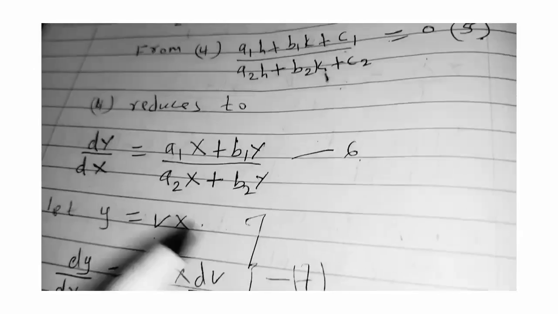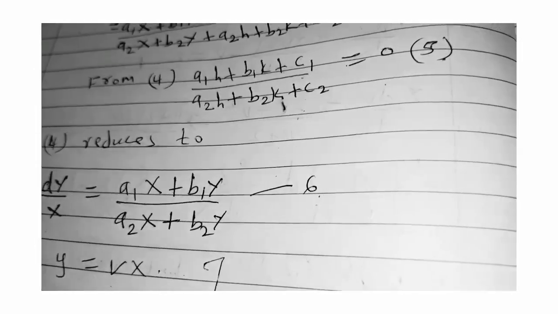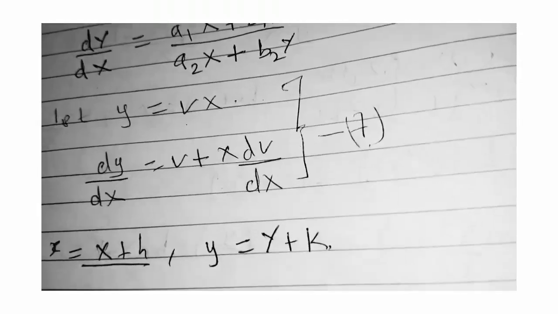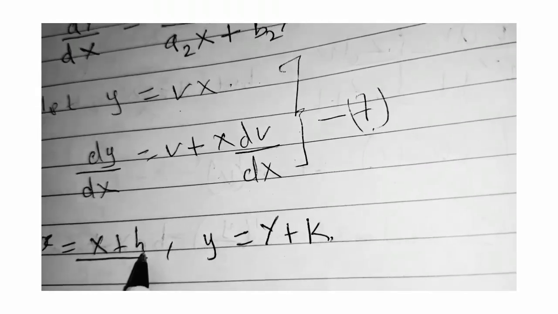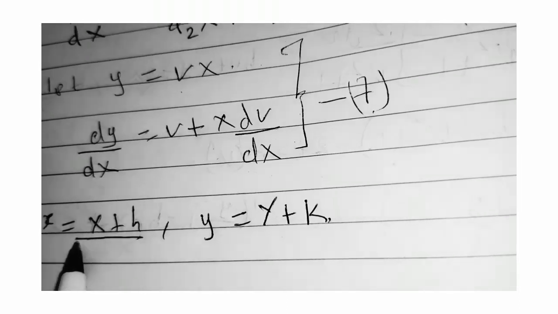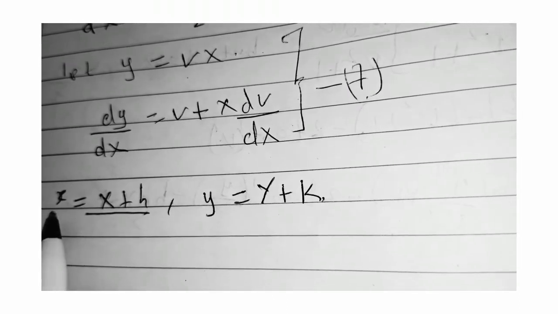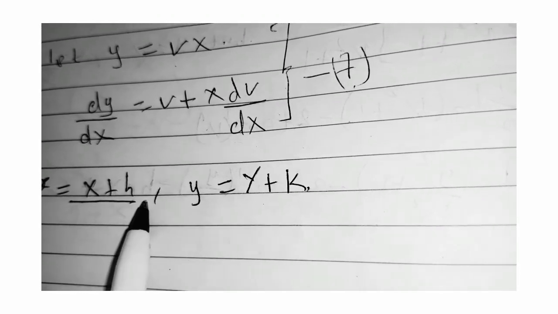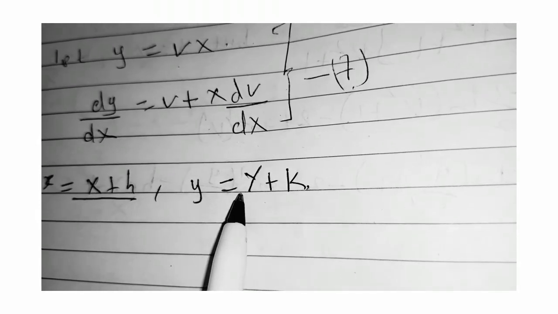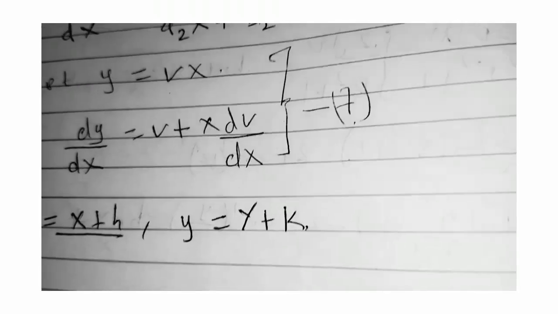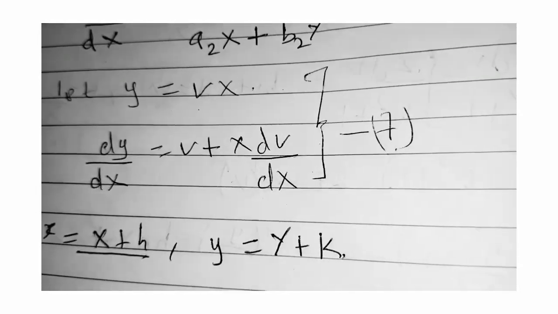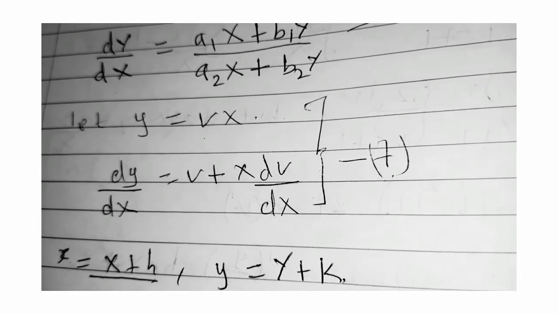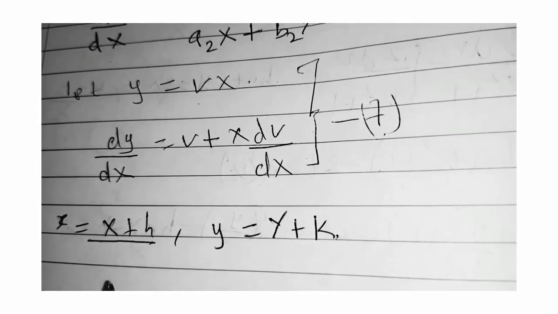Now, the results which you obtain from equation 5, you use them to substitute here, so that you can get the value of small x in terms of capital X and constant h, and you get y in terms of capital Y and constant k. So that is how you reduce an equation into homogeneous by making this substitution.